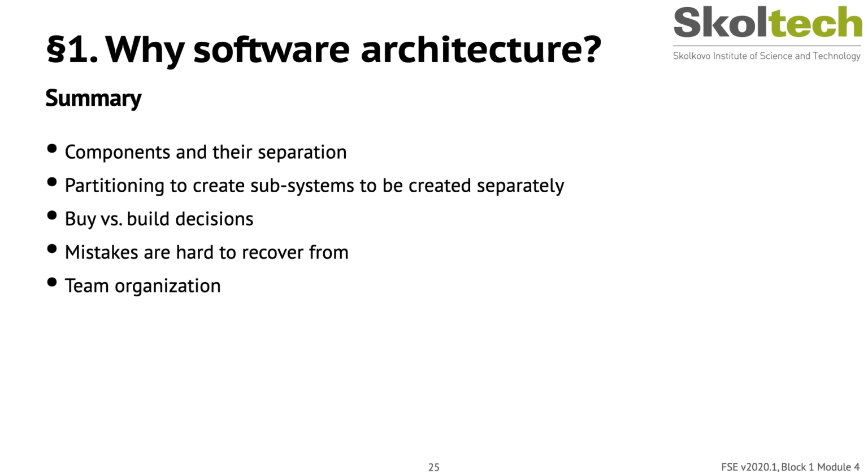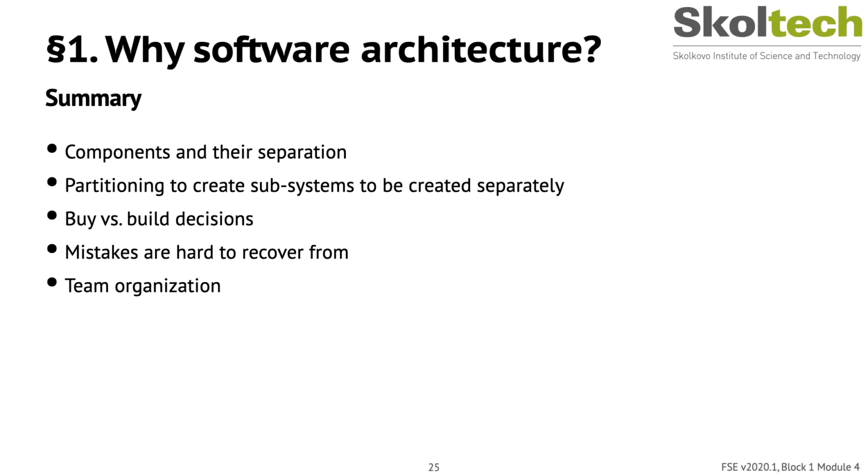So, architecture is important because it defines components and their separation. Architecture partitions subsystems that can be created separately. Another thing that is important about the architecture is that it is a way to make the buy versus build decision early in the project.